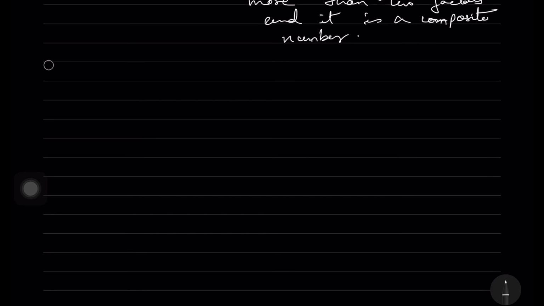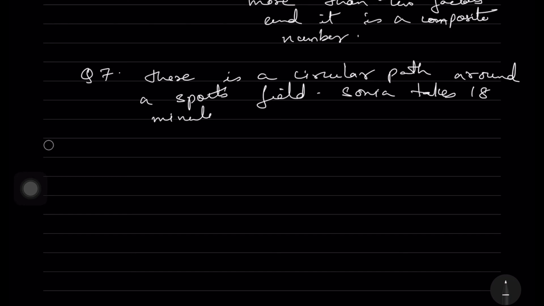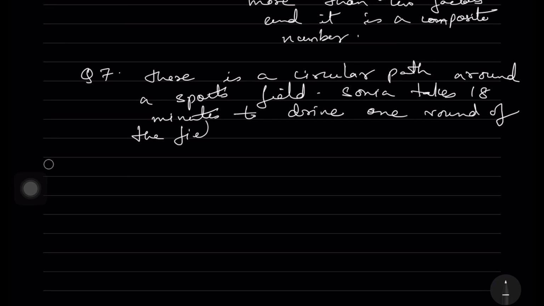Next, the last one. There is a circular path around a sports field. Sonia takes 18 minutes to drive one round of the field, while Ravi takes 12 minutes for the same.